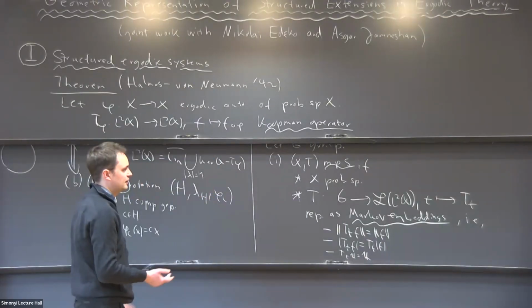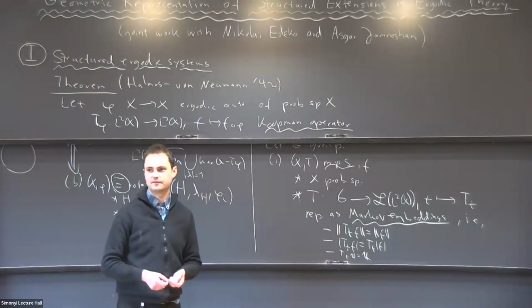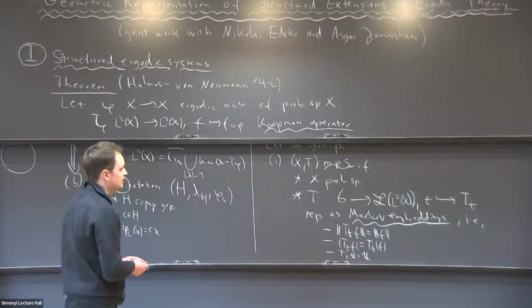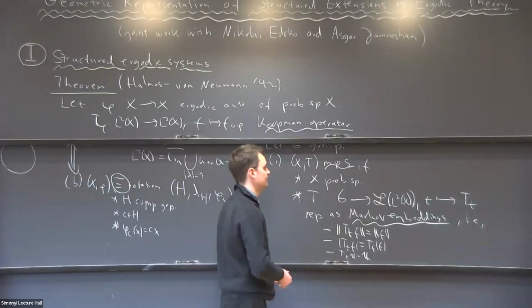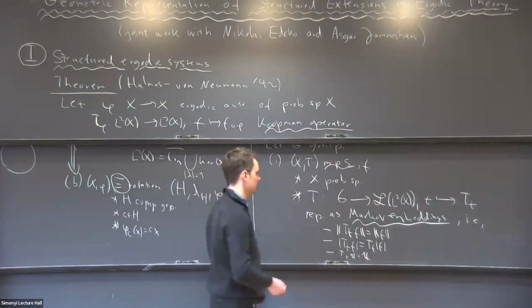Or you could take some measure on a Stone-Čech compactification, and then you also end up with something which is not separable. So these are reasons why you should look at the generalized version of a measure preserving system here. And we will do this in the following.